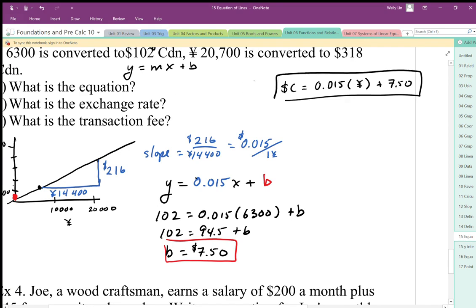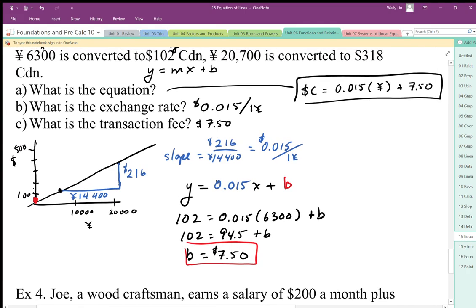Okay, the exchange rate is going to be $0.015 Canadian for every 1 yen. And the transaction fee looks like it's $7.50 Canadian. And we know it's Canadian because that b is a y value, and the y values are represented by Canadian dollars along the y axis.